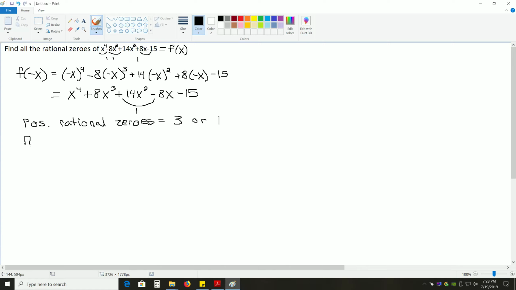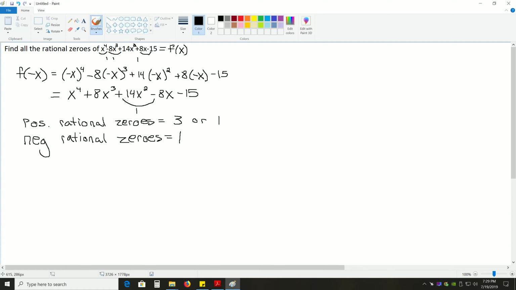Now going to the negative rational zeros. In this case, we have 1 because it comes from the f of negative x. So the positive x gives you positive rational zeros, negative x gives you negative rational zeros.